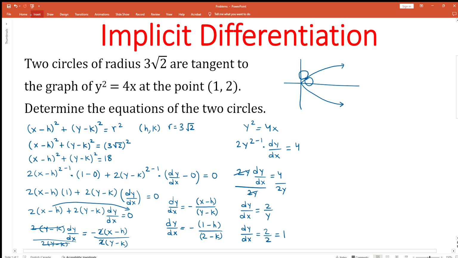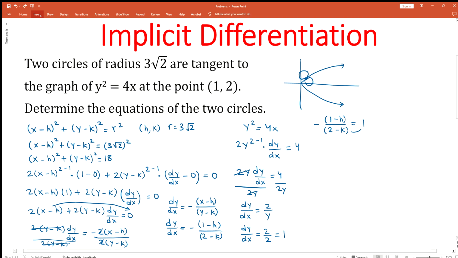Therefore, we can equate the values we got for dy over dx from the two equations. I get, this is dy over dx from the equation of the circle, and this is the value we got from the equation of the curve. We can isolate 1 minus h in this equation.